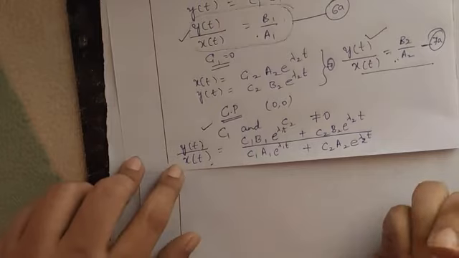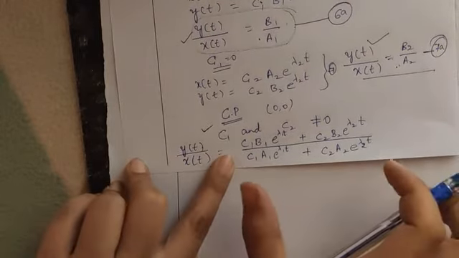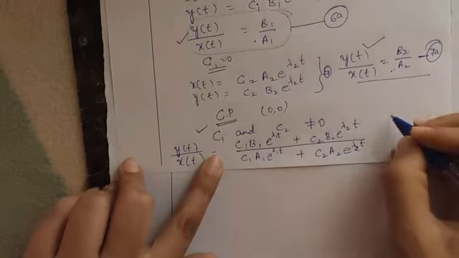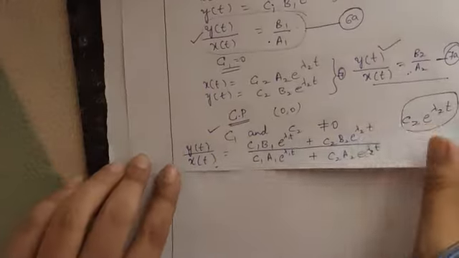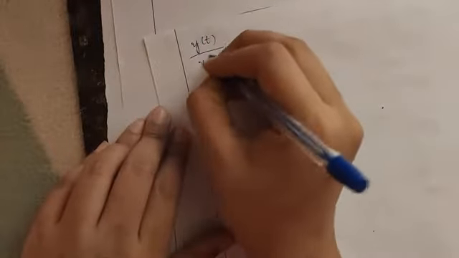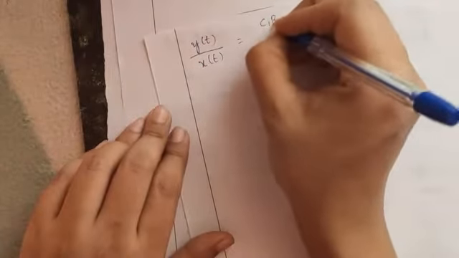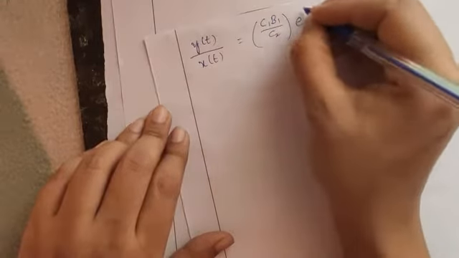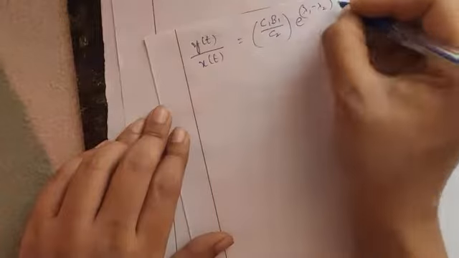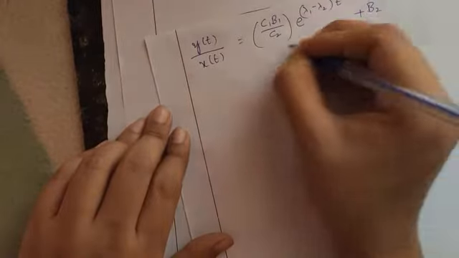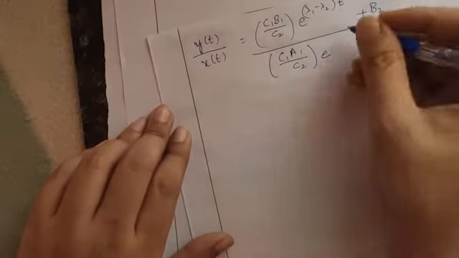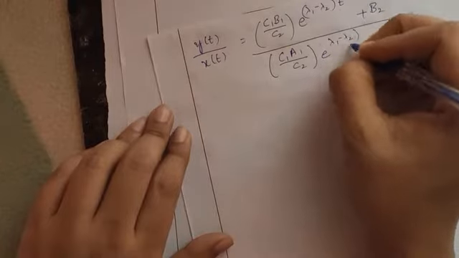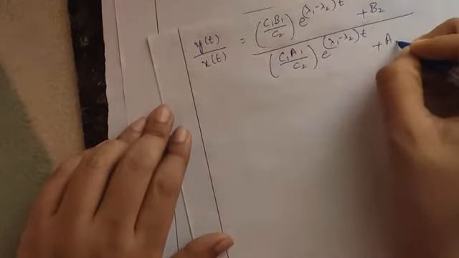For simplicity, I will multiply and divide your RHS part by c2 e power lambda 2t. If I do that, the equation becomes y of t by x of t is equal to c1 b1 by c2 into e power lambda 1 minus lambda 2 into t plus b2, whole divided by c1 a1 by c2 into e power lambda 1 minus lambda 2 into t plus a2.